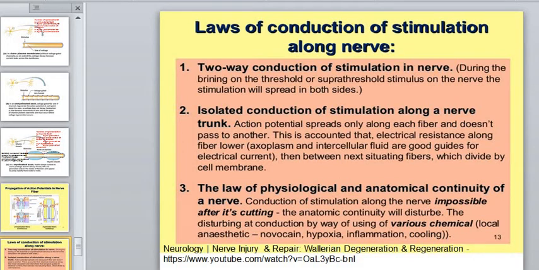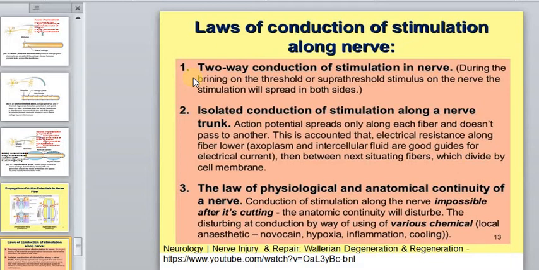So we have some laws of conduction of stimulation along the nerve, and these are special laws we will discuss now. It's like special rules, so-called laws.